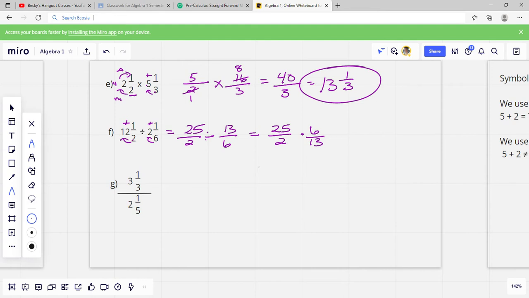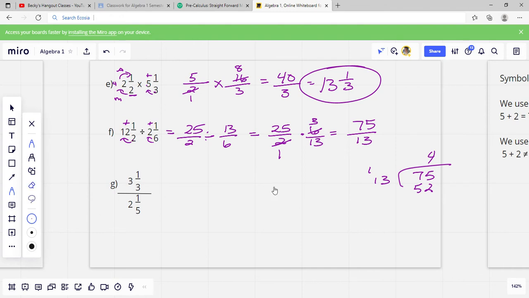Okay. So this would reduce to 1, and that would reduce to, how many 2's are in 6? 3. 3 times 25 would be 75 over 13. And then if I was to reduce that, let's see, 13... Let's try 4. 3 times 4 is 12.